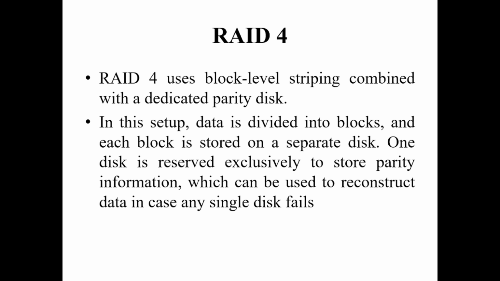Suppose you have four disks: disk 1 has data block A, disk 2 has data block B, disk 3 has data block C, and disk 4 has the parity, which is extra backup information about the data. If one disk fails, the data can be recovered using the parity bits. We can recollect the original data using the disk data as well as the extra information.